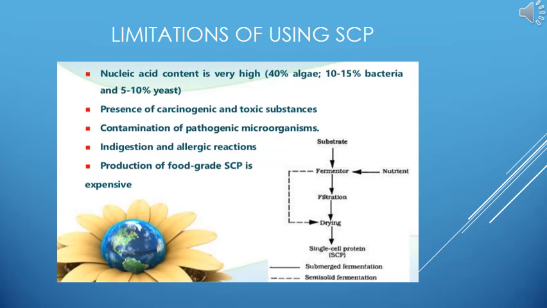The presence of carcinogenic and toxic substances may be there. Contamination by pathogenic microorganisms may also occur, along with indigestion and allergic reactions. Production of food grade SCP is quite expensive. So if a person wants to take SCPs, he must consult his physician.